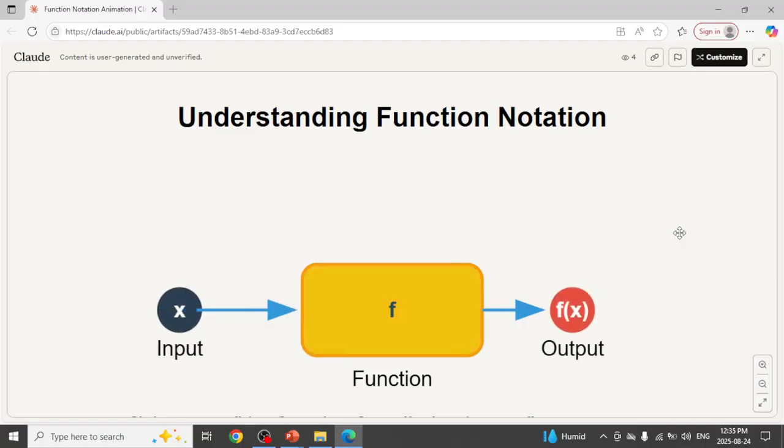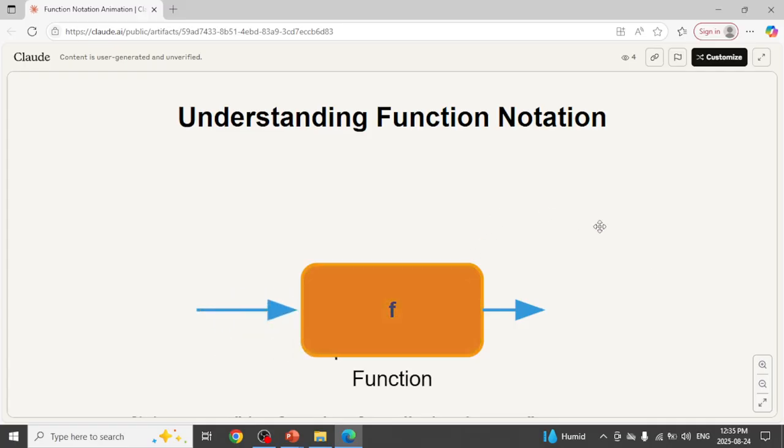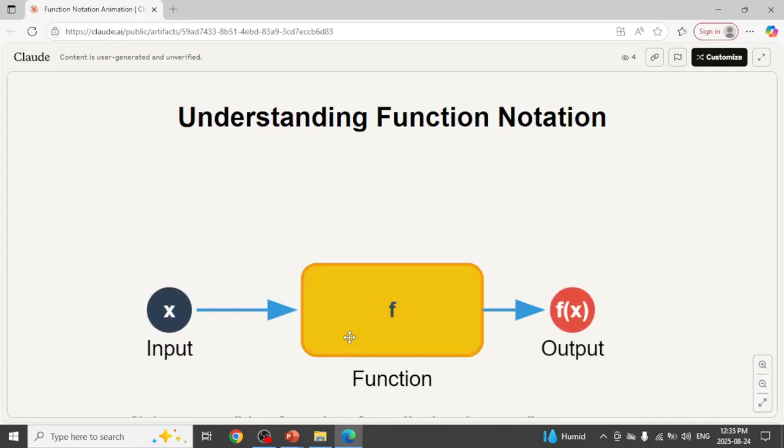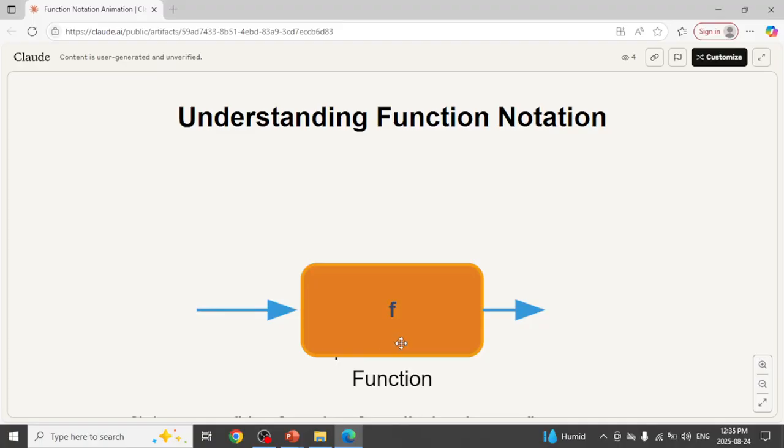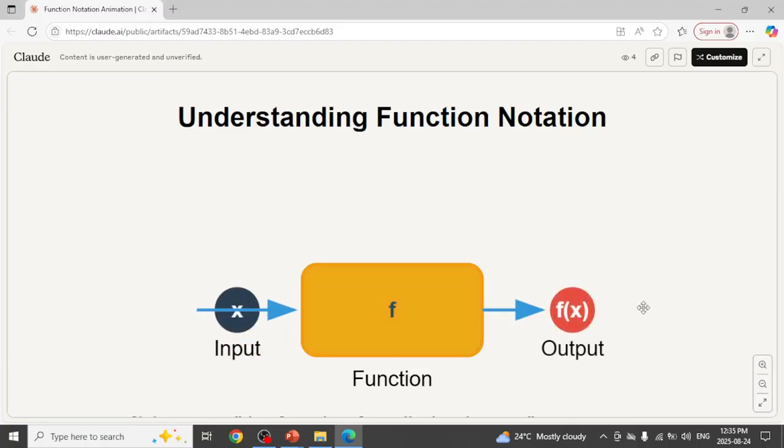We have one input, and the function is a rule that applies to this input and gives you this output. We call that output f of x. We say f of x because we are applying the function f to the input x.